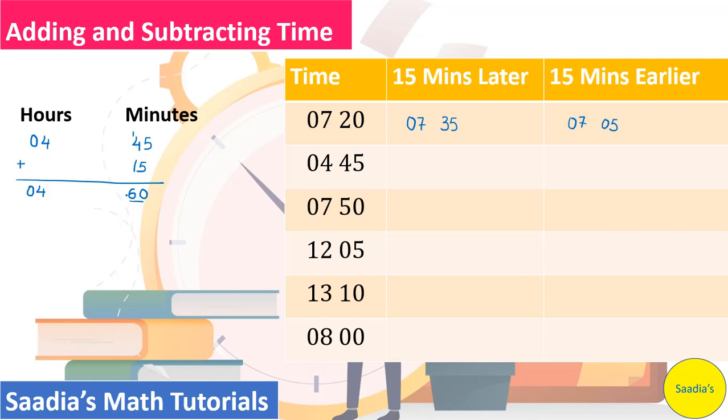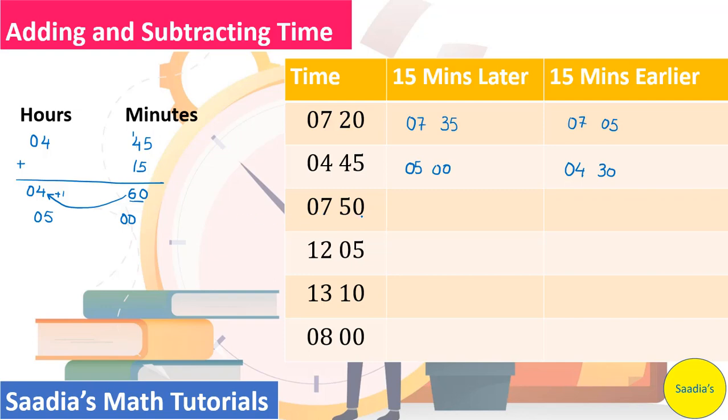So when we convert these minutes into hours, we will have 5 hours and 0 minutes. So 5 hours. What will be the time 15 minutes earlier? Subtract 15 from 45. What would we get? 4:30. Good.